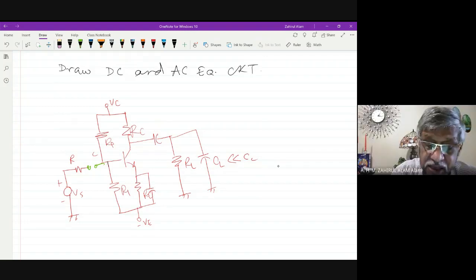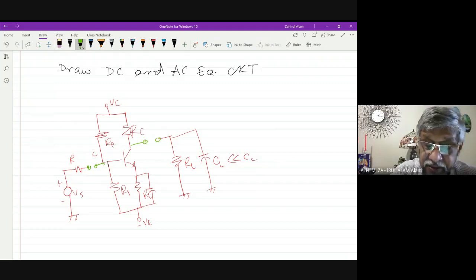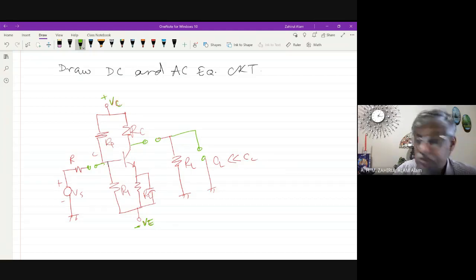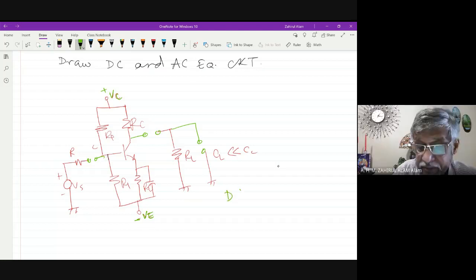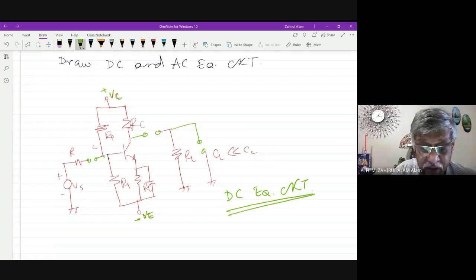This capacitor is open circuit, and this capacitor is also open circuit. We have the DC voltage source, positive and negative. So this is the DC equivalent circuit.